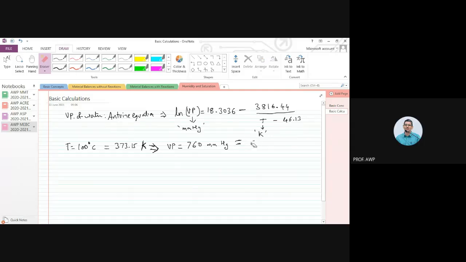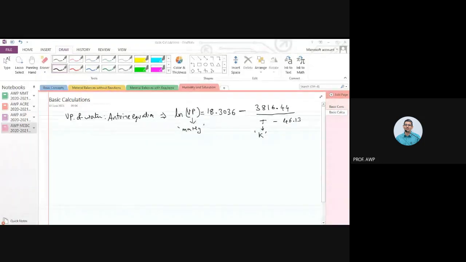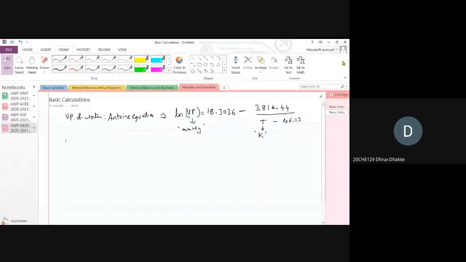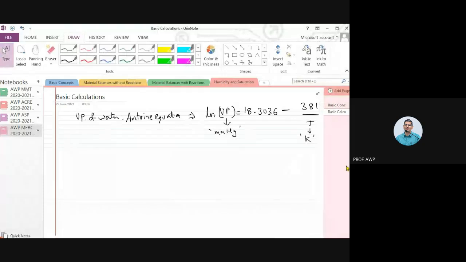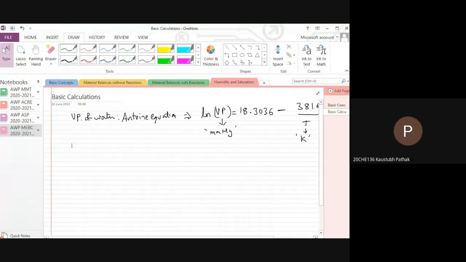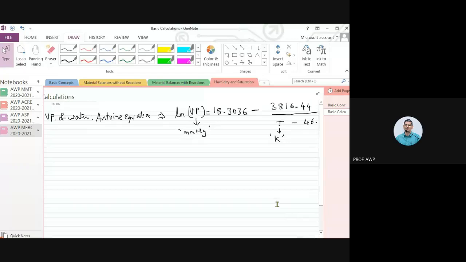Yeah, because this is a correlation, so that experimental correlation has some error associated with it. Yes, it's 760. Okay.